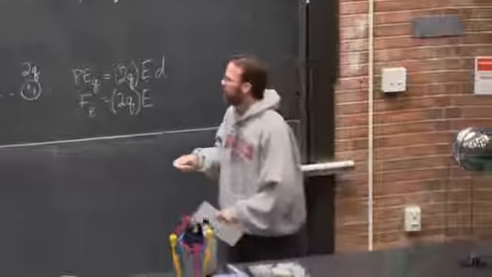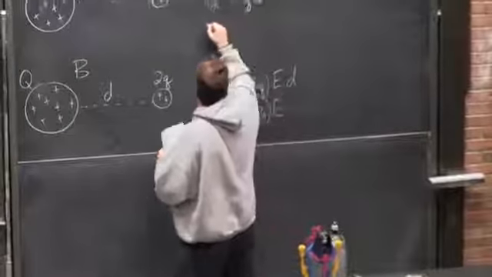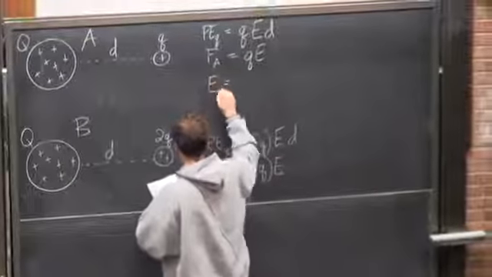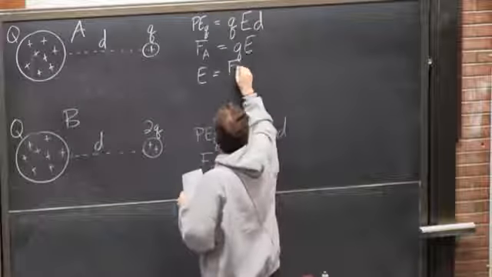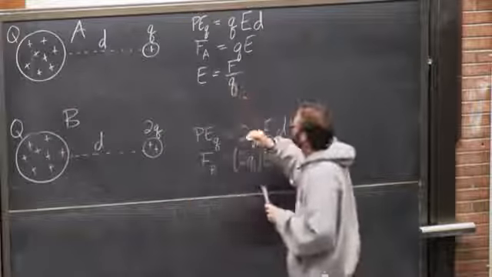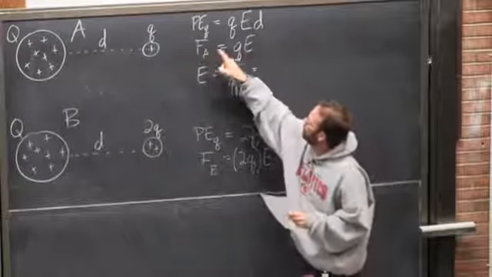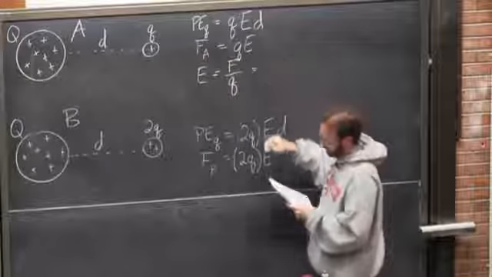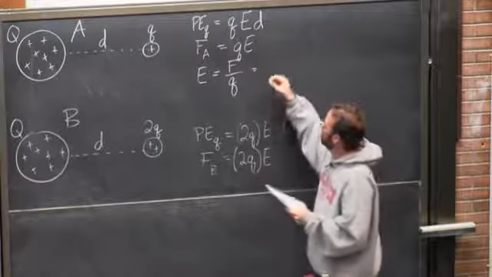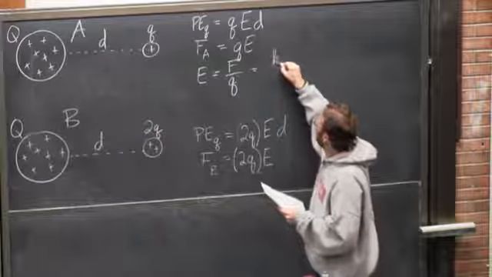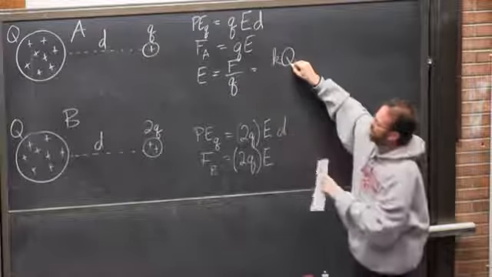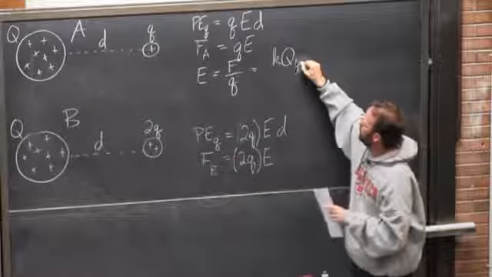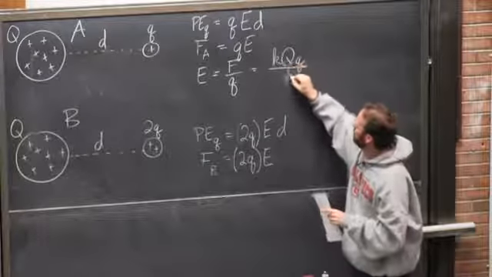But now check this one out. Let's do the electric field. That's force per charge. Okay, the force, let's put in Coulomb's law: K, big Q, because that's one in the interaction pair, and little q, the other one, over d squared.